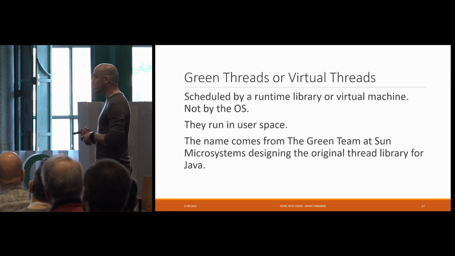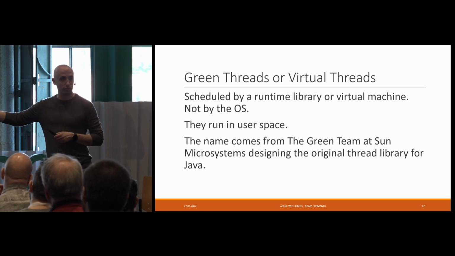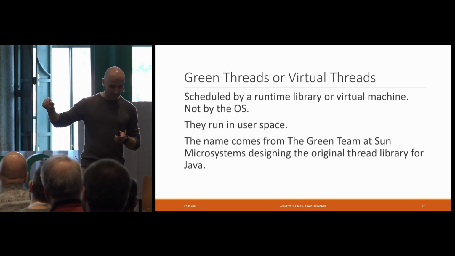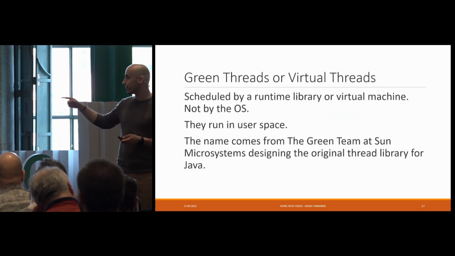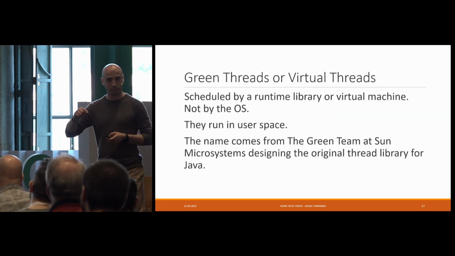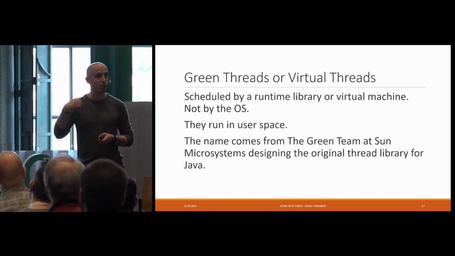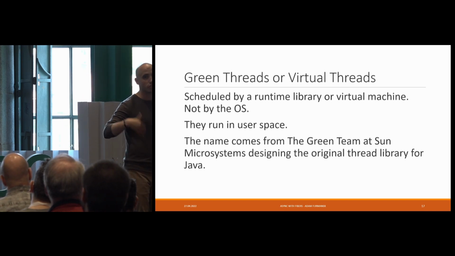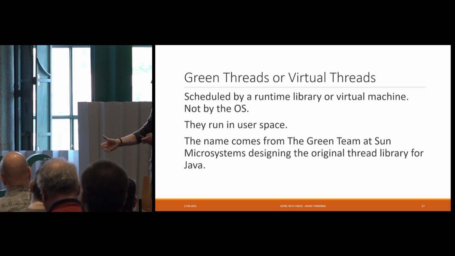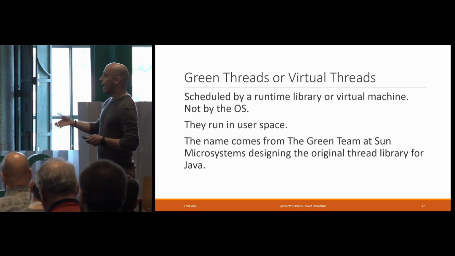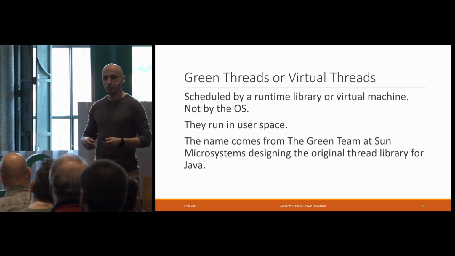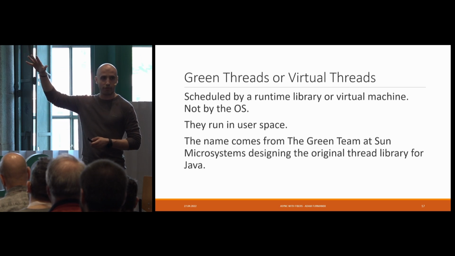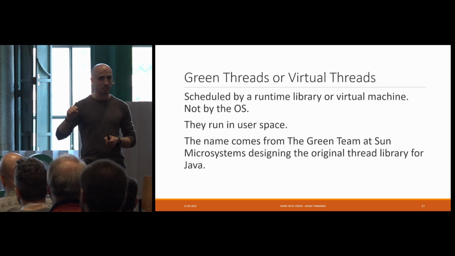The thing about green threads is they are not scheduled by the OS. A couple of slides back, I told you that Windows schedules threads. This is different here. It's not Windows which schedules threads, but the runtime platform. So it would be .NET, JVM, the JavaScript V8 engine, whatever you name. Now the important thing is you need to run those threads on top of something, so you have the idea of mapping your green threads to operating system level threads.